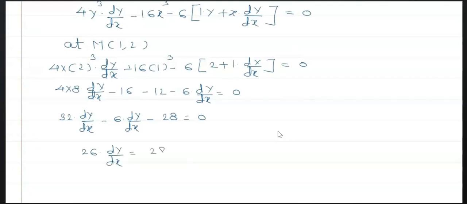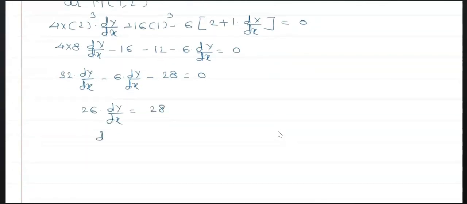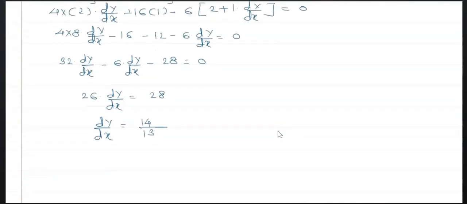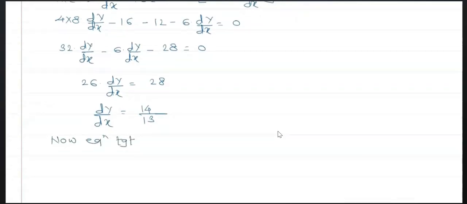Therefore 26 dy by dx is equal to 28. Therefore dy by dx is equal to 14 upon 13, that is 28 upon 26. This is the slope of the tangent.